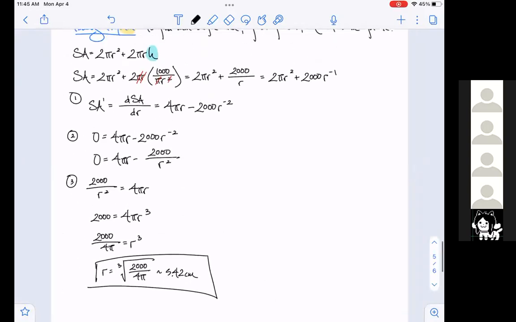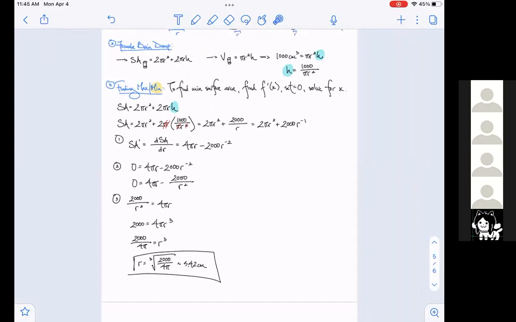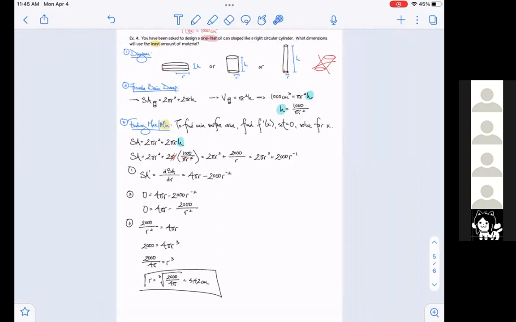The calculus part to this problem appears in two places. Here, like the bigger structure, we find the minimum surface area, we've got to use the derivative. And then to find the derivative here, that's literally the calculus part, right?